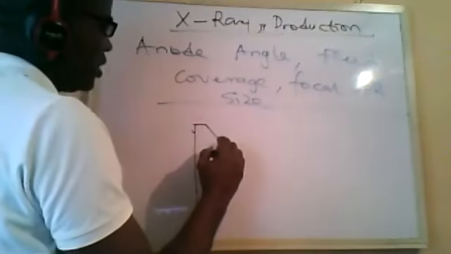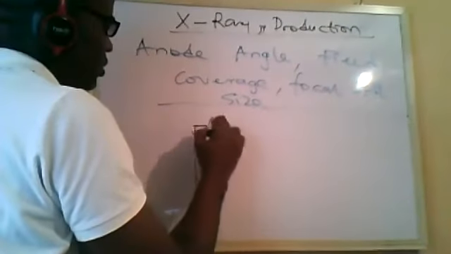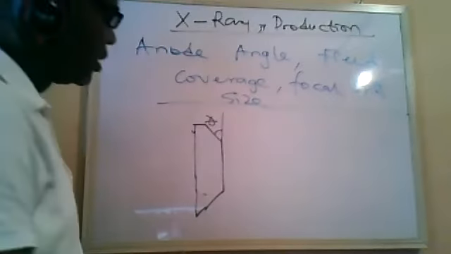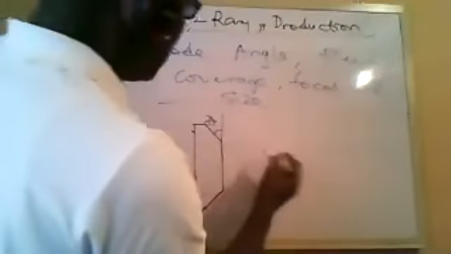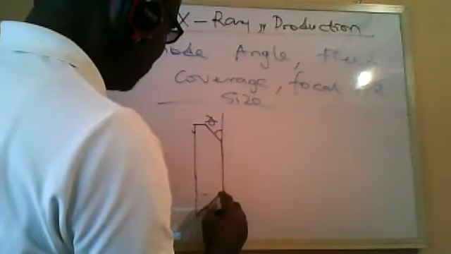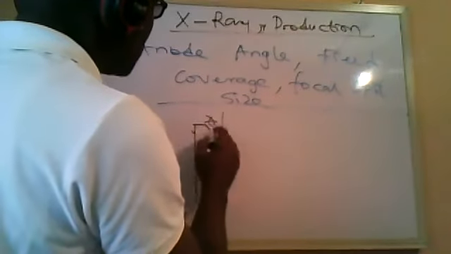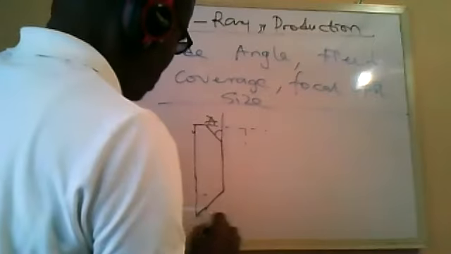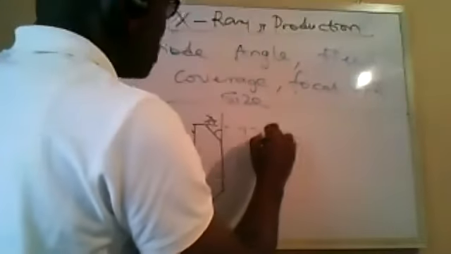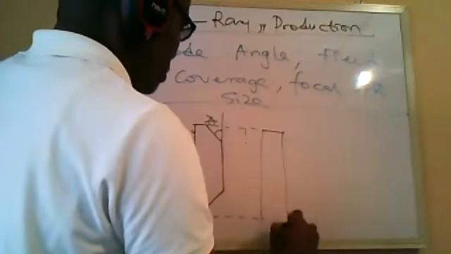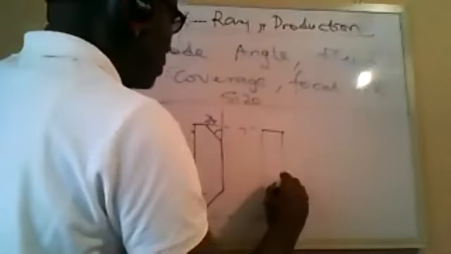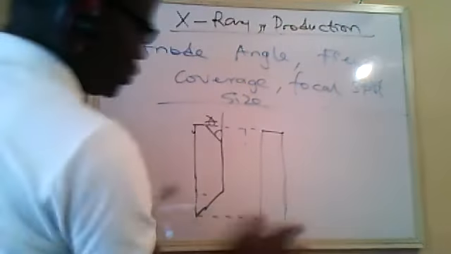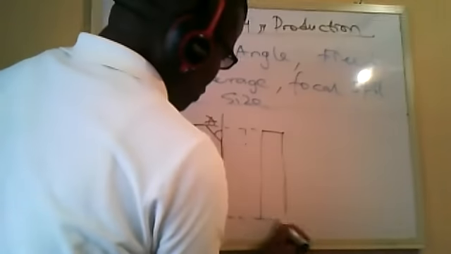So this is the anode angle, theta. Theta is still the same thing there. For example, you have another one. I want to compare these two anodes.